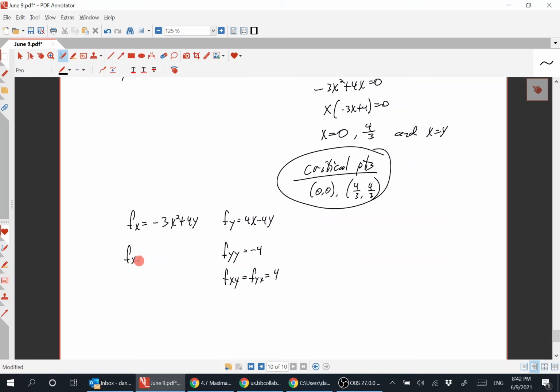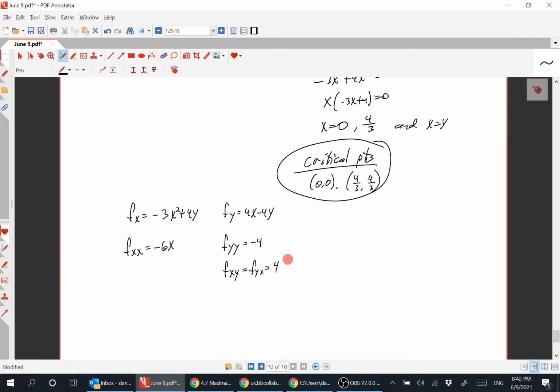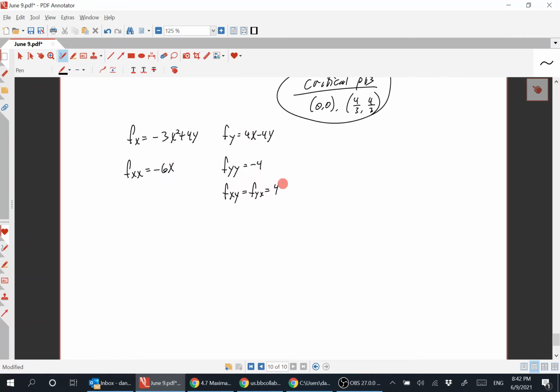And then fxx is equal to minus 6x. This second derivative test gives you this thing called the discriminant, which doesn't always tell you what you want to know, but sometimes it does. It's this 2 by 2 determinant: fxx times fyy minus fxy squared, because these two mixed partials are supposed to be the same. In this case, they are.